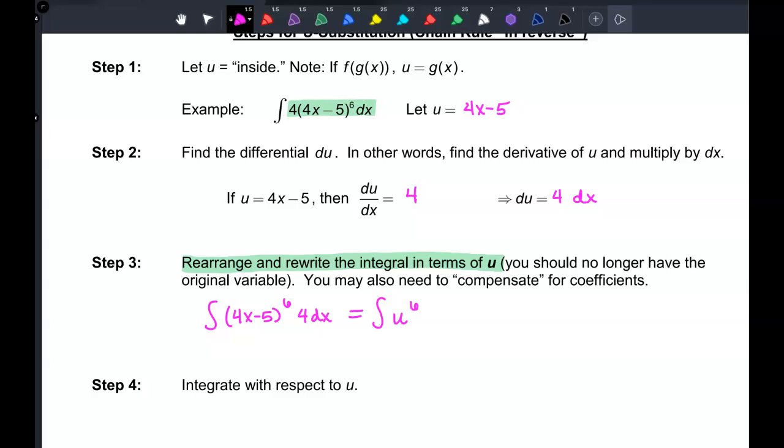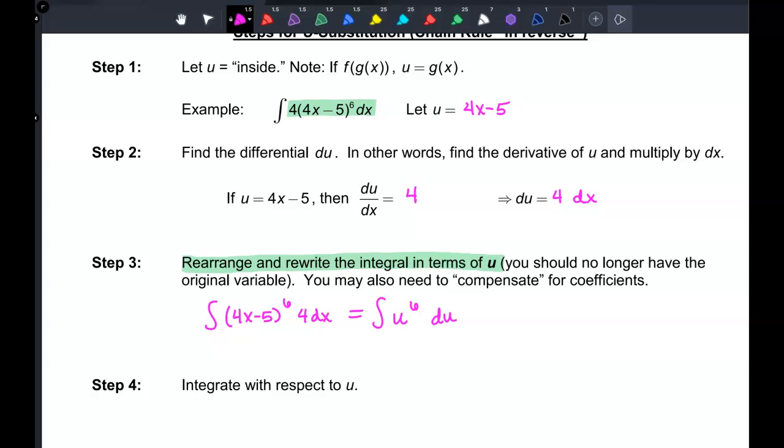I'm going to replace that with du. Question. Where did the 4 go? So 4 times dx is the same thing as du. So I just replaced the 4 dx with du. Good? Okay.